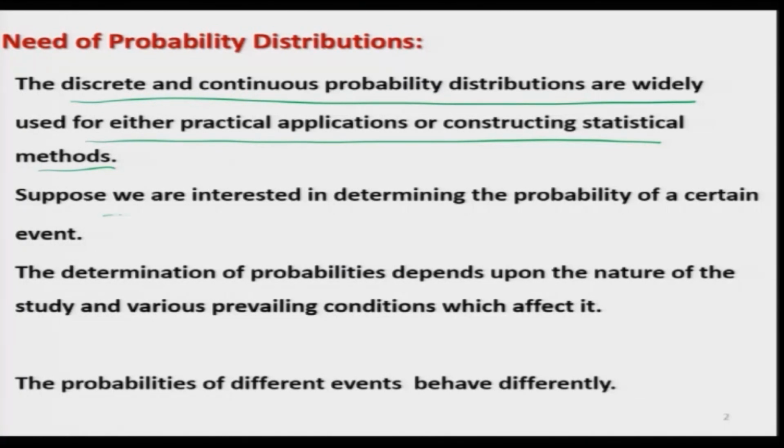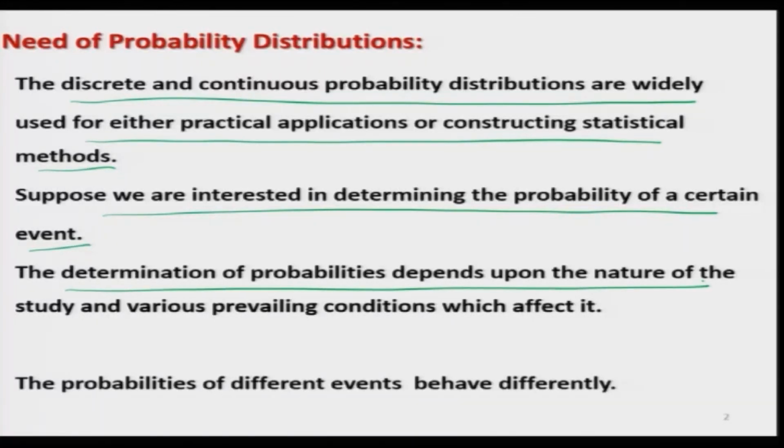And suppose we are interested in determining the probability of certain type of event. We know the phenomena, we know the nature of the phenomena, that how the things are happening. The determination of probability depends on the nature of the study and various prevailing conditions which affect the phenomena.